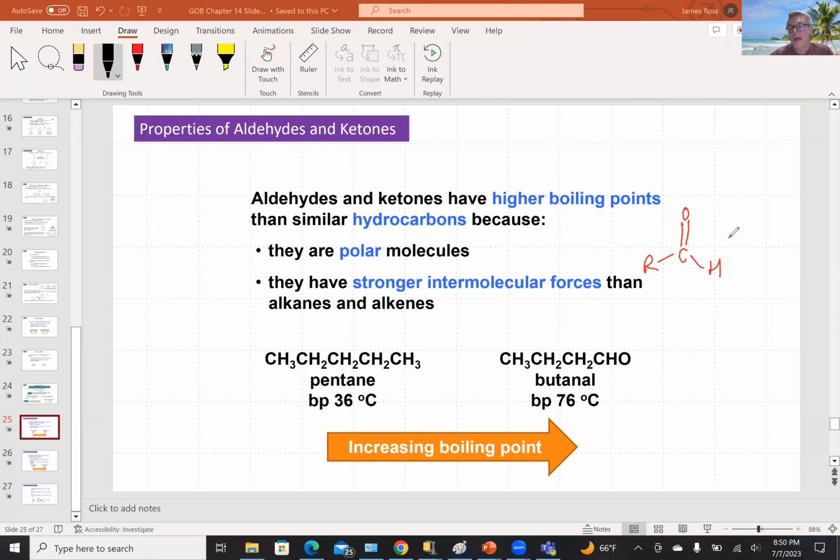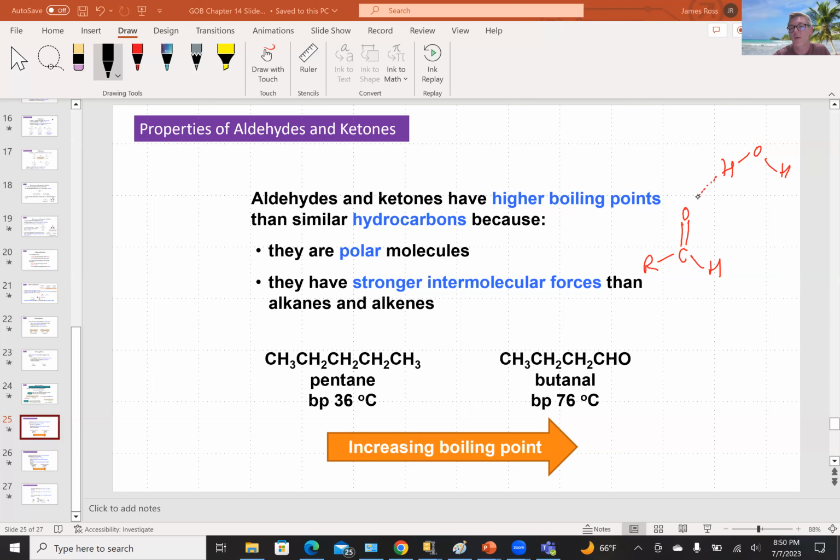Aldehydes cannot hydrogen bond because the hydrogen is not bonded to oxygen, it's bonded to carbon. So there is no hydrogen bonding with aldehydes with themselves. It can hydrogen bond to water because water has a hydrogen that is bonded to oxygen.